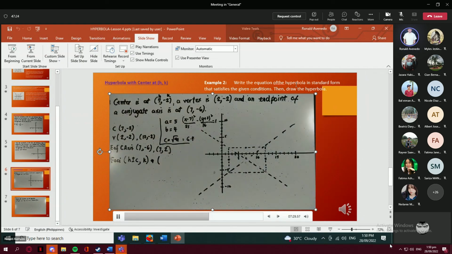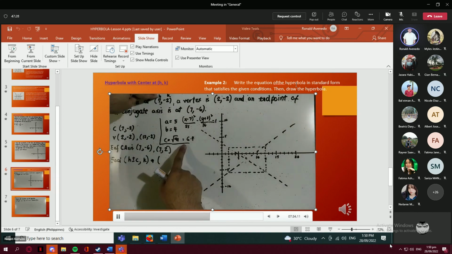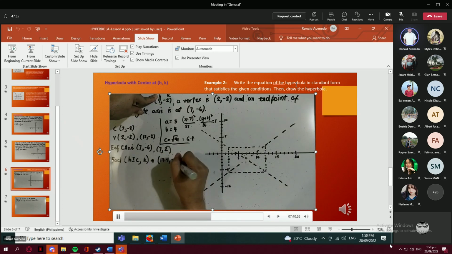So H plus C, 7 plus 6.4 is 13.4. Then K is negative 2.